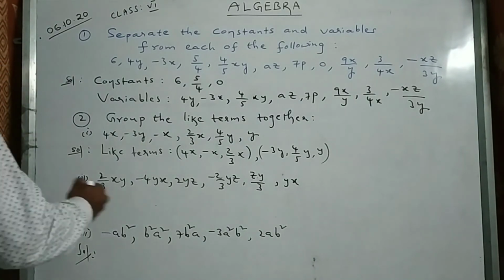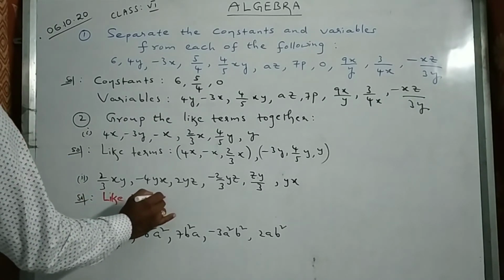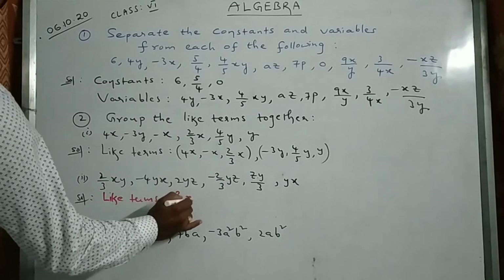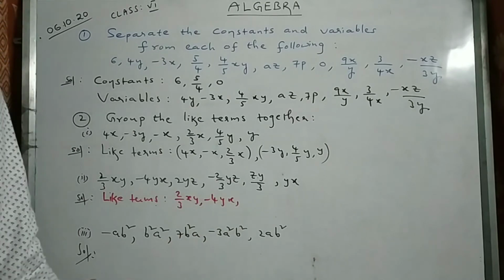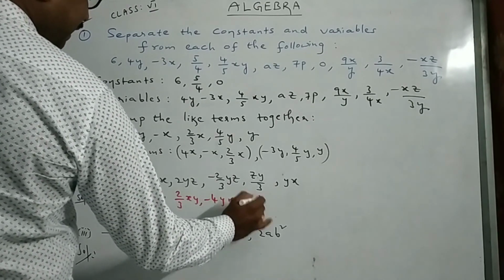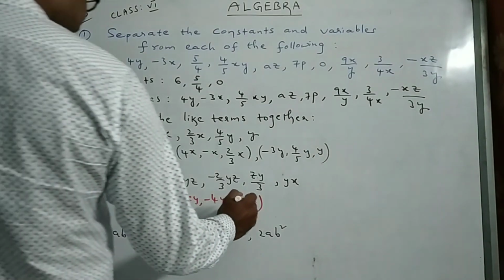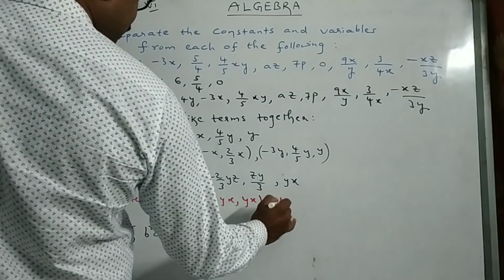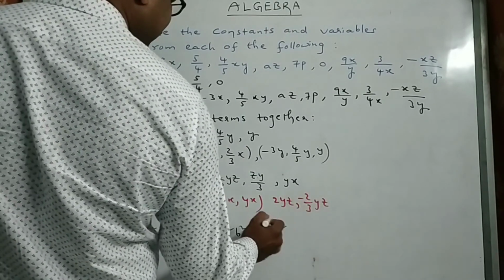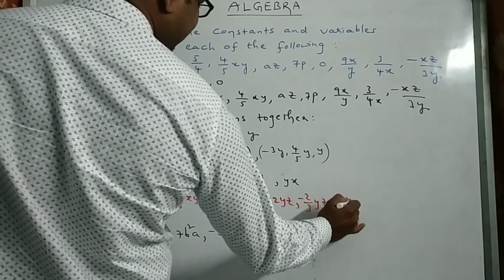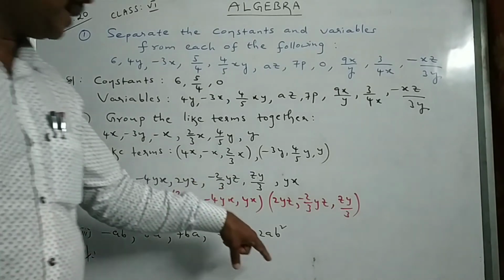Okay. So here also, what are the like terms you see? 2 by 3 xy, minus 4 yx. Yx or xy same. Don't worry. Xy or yx same. Okay. Similarly, 2yz, 2 by 3 yz and zy by 3. They are like terms. Yz or zy both are same.